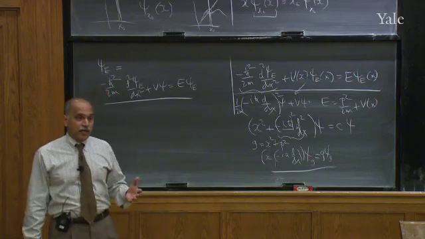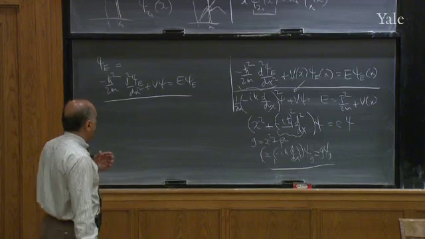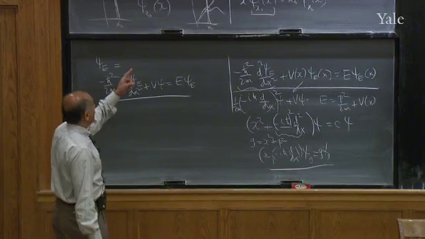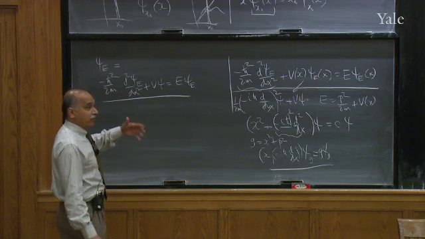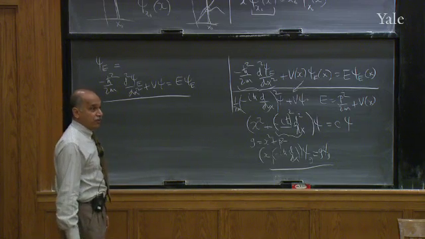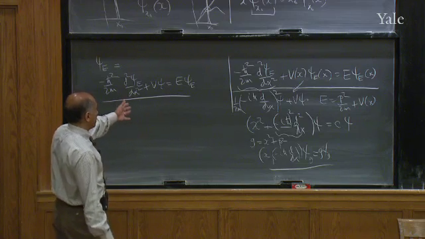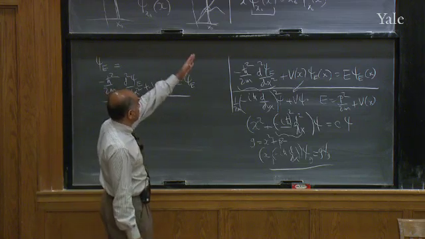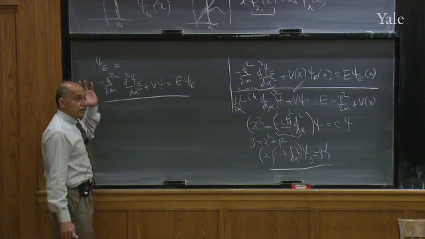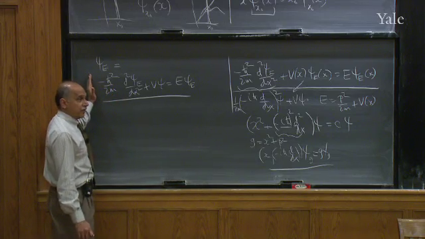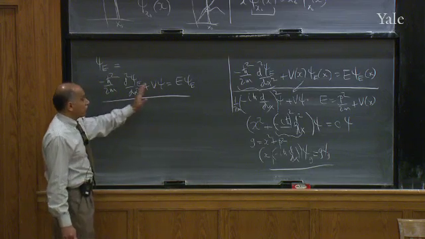But if you're looking further ahead, you should realize that it is really not an independent postulate, that once you know what happens to x and once you know what happens to p, you can predict what the equation will be for any function of x and p. So if you see that analogy and it's helpful to you, you're welcome to use the right-hand side of the board. If you find it complicated, add on to your list of things to remember one more thing: if you want a state of definite energy, you've got to solve this equation.